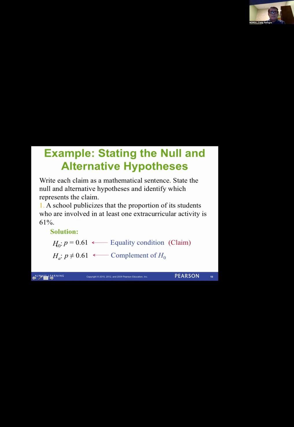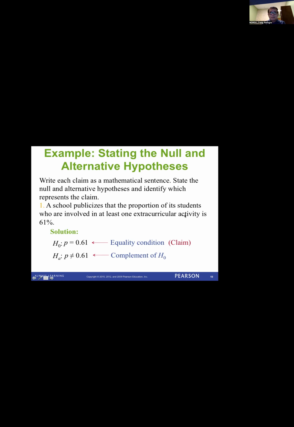And why do we classify H0 as the claim? So this one is the claim, because this one is actually the claim mentioned in number 1. It is actually stated in the given problem. So what is stated in the given problem, what is claimed in the problem, is classified as the claim in terms of the hypothesis.